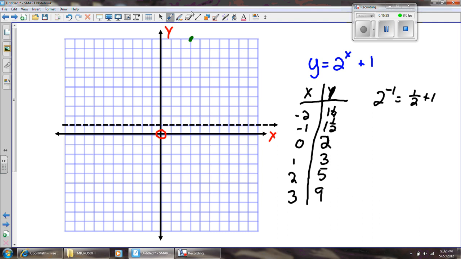Oops, that's off 1, but that's okay, I can fix it. Alright, at 2, I'm at 5. And at 1, I'm at 3. Okay, and at 0, I'm at 2. And then I'm going to end up at 1.5, 1.25.